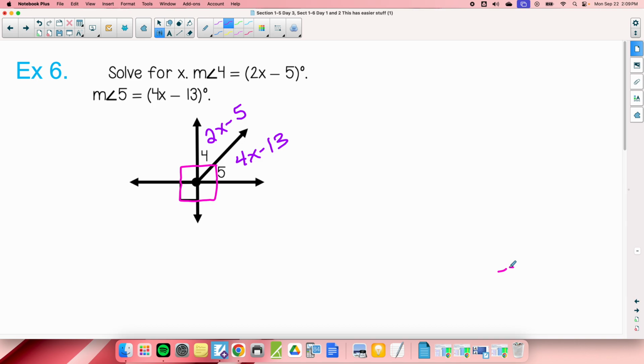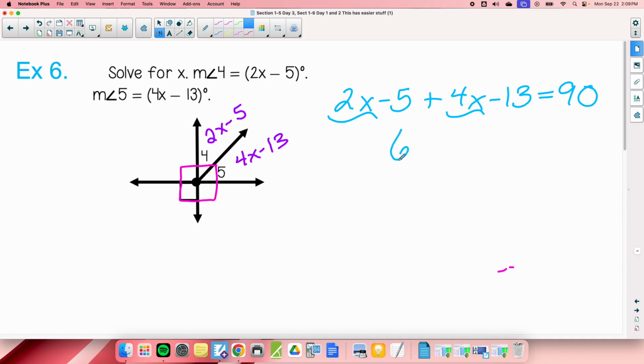They add up to 90. So I can say 2x minus 5 plus 4x minus 13 equals 90. Now, 2x plus 4x is 6x. Negative 5 minus 13 is negative 18, very good, equals 90.